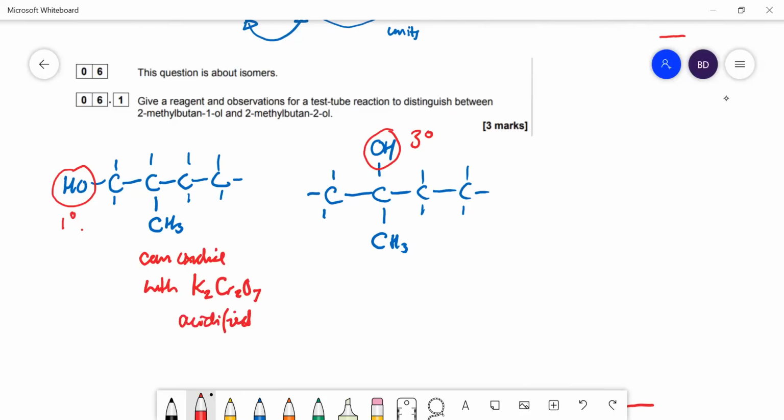If you oxidize, you start off with orange dichromate, and you warm it up, and the dichromate will be reduced to green because it forms a Cr3+ ion. Don't worry about what it is. So how can you distinguish them? You warm with acidified potassium dichromate, and this one, the primary 2-methyl-butanol, will go from orange to green. With this one, you'll get no visible change. It will remain orange.